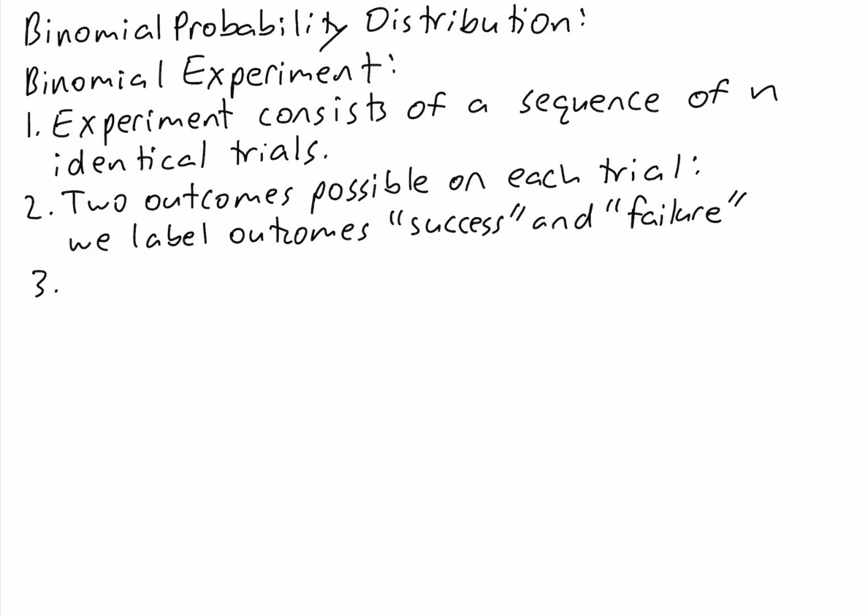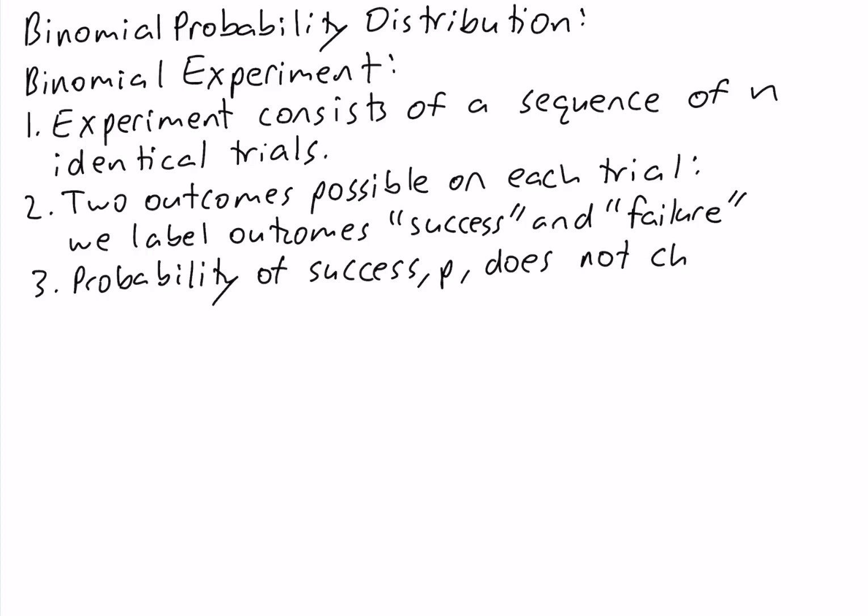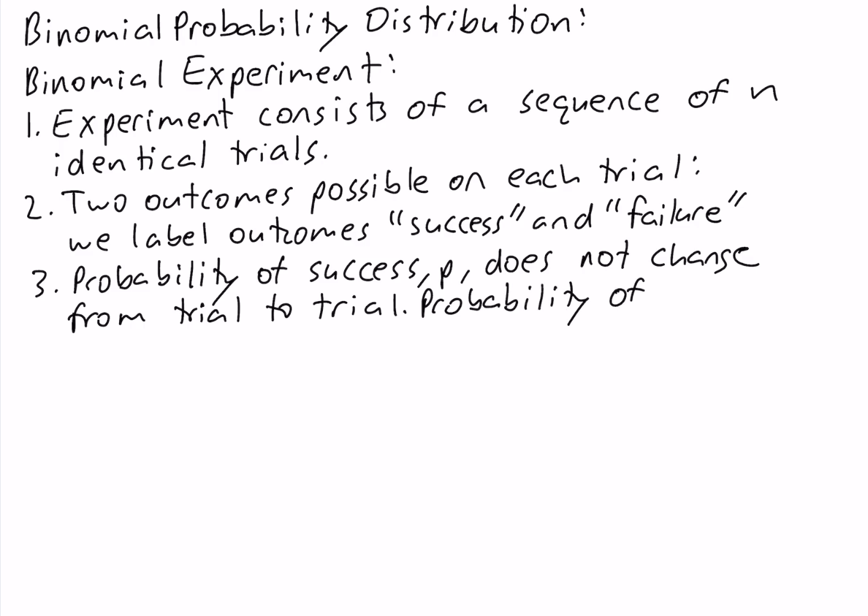The third property is that the probability of success, which we write as P, does not change from trial to trial. Similarly, the probability of failure, which is then going to be 1 minus P, does not change from trial to trial.